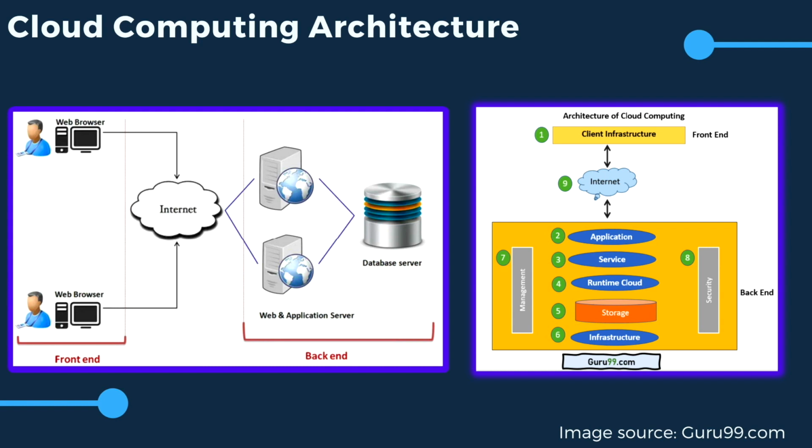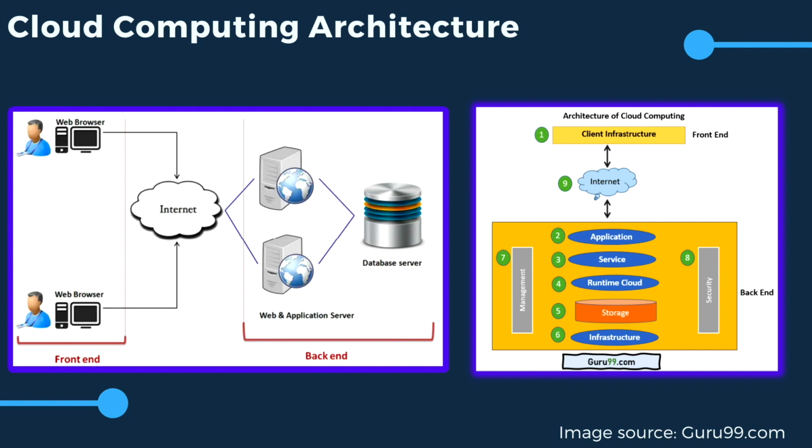Then inside the back end, that means at the service provider's location, you would see different things. They manage the applications, the security, your data, everything. There are different layers such as application, services, runtime cloud, storage, and infrastructure. So everything is their own headache. You don't need to manage anything if you are using software as a service.